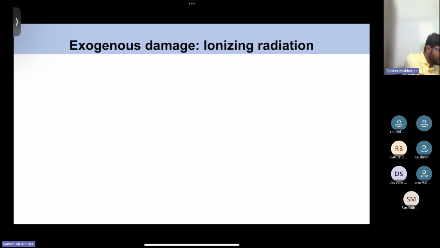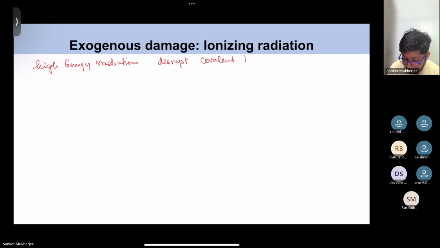Then we will talk about the exogenous damages. So exogenous damages, the first comes as ionizing radiations. These are high energy radiations, right, which can disrupt the covalent bonds. It can happen due to X-rays, gamma rays, or alpha particles.